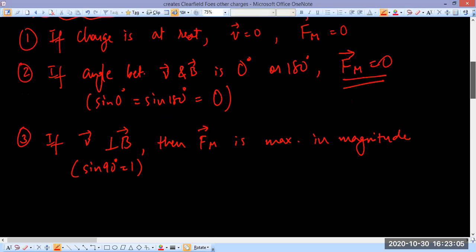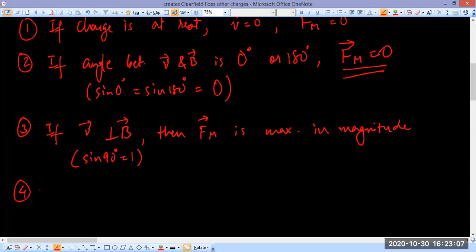Okay, let's go to the next interesting point. I'll first write in simple mathematical symbols, then explain. So point number 4 is that the magnetic force is always perpendicular to the velocity of the particle.